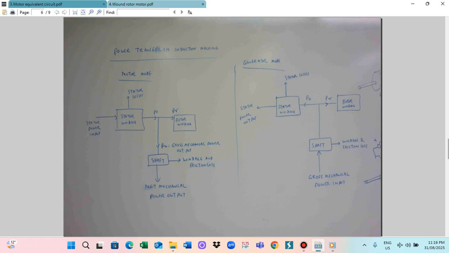Gross mechanical power input to the motor winding. Some goes to the rotor, some goes to the stator winding. So that way stator loss, and that will be the output, the stator power output.